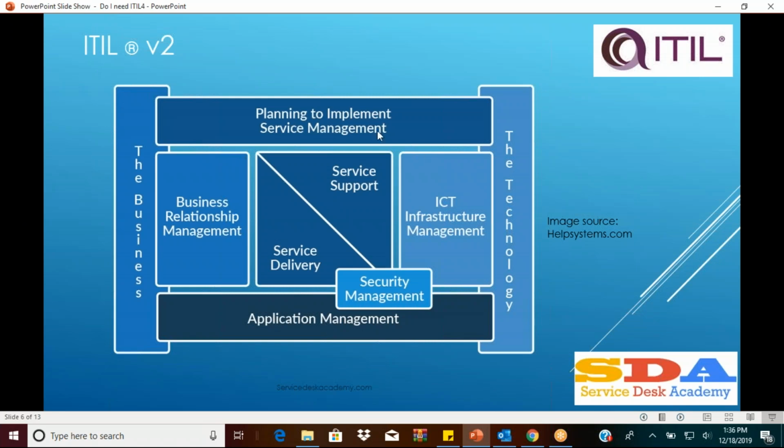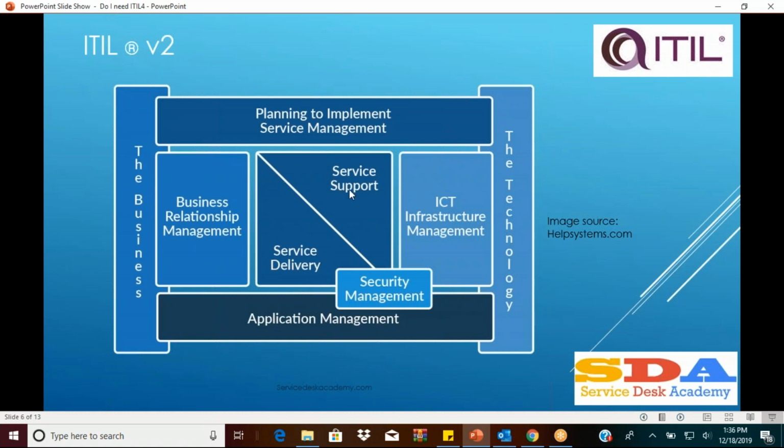Actually, there are totally 7 books. One is Plan to Implement Service Management, Business Relationship Management, ICT Infrastructure Management, Application Management, Security Management, Service Support, and Service Delivery.